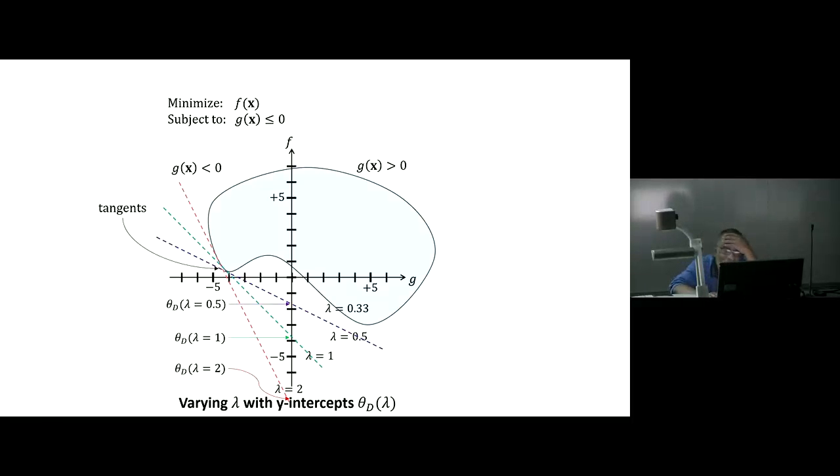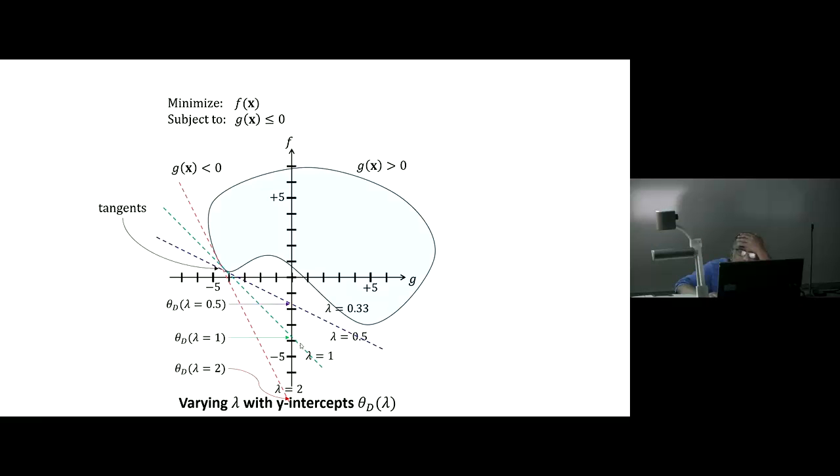So, as we vary lambda, what happens? Theta d lambda is changing. For lambda equals 2, theta d lambda was somewhere here. For lambda equals 1, theta d was here. For lambda equals 0.5, this was theta d lambda.